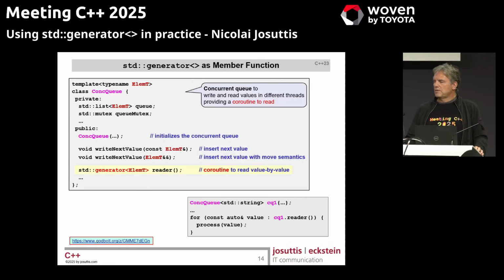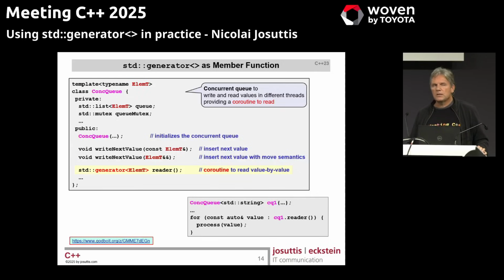Now, and if there is no new element, the reader might wait, might be blocked until there's a new element coming. So the API of the use of the coroutine looks incredibly simple, which is we just, after initializing the ConcQueue, iterate over the reader. And that means we iterate over the values that are already there or come in, and when they are not there yet, we wait here and we are blocked here, and then we process them.